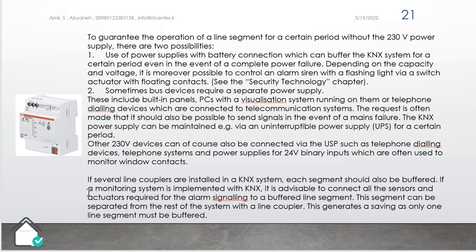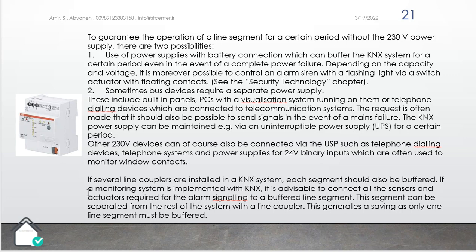You can use the UPS to power up the power supply. So if there is no supply from the utility, 230 volt, the UPS supports it, because the UPS is also connected to a battery. Other 230 volt devices can of course also be connected via the UPS, such as telephone dialing devices, and telephone system power supplies for 24 volt binary inputs, which are often used to monitor window contacts.